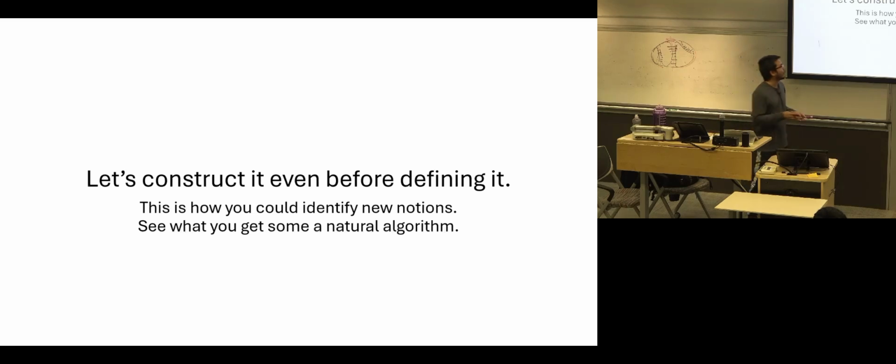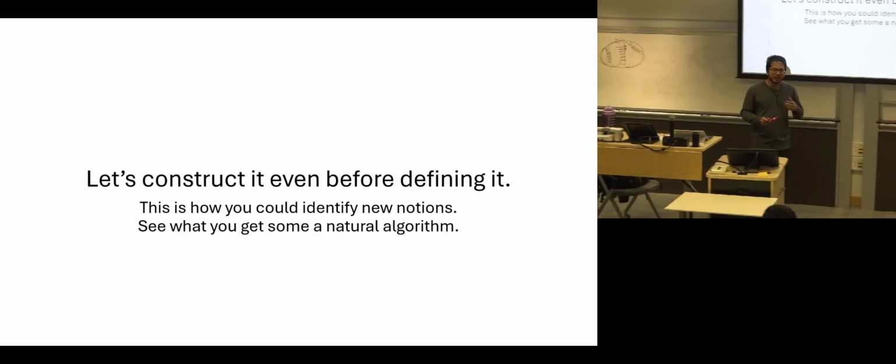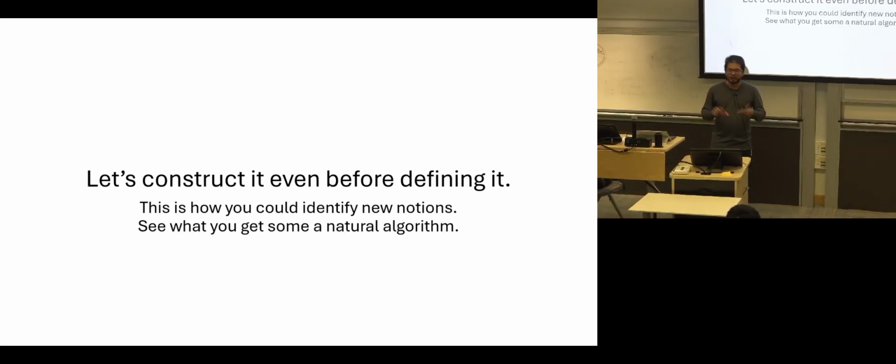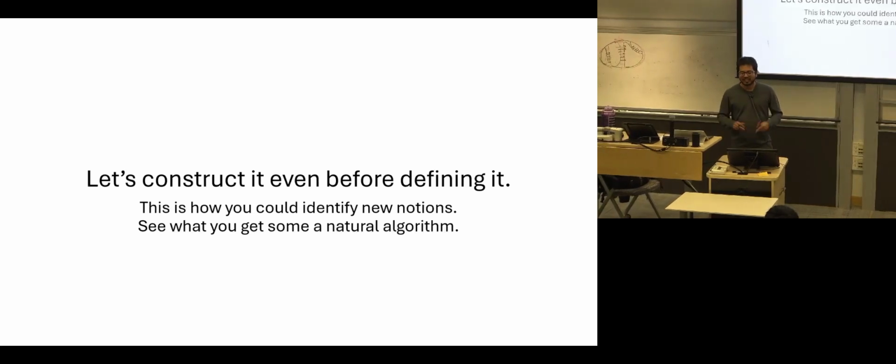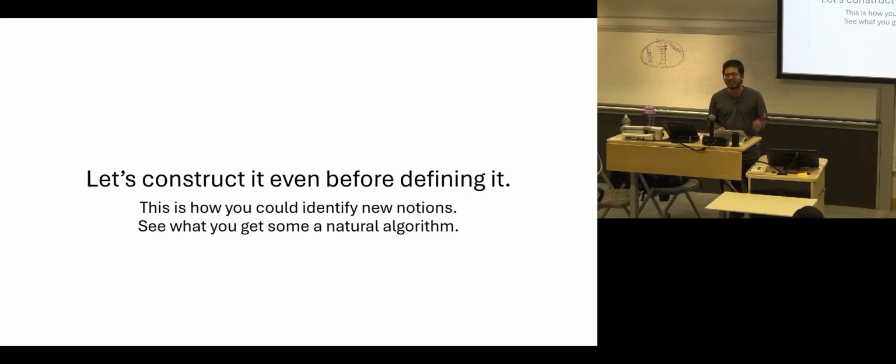Just see how to build something using a very natural algorithm, and whatever you get, then just write down its properties. That's the notion. Like I could just say that instead of defining what an expander decomposition is, I have a graph, I keep removing sparse cuts like this, then I see what happened. That's the expander decomposition. Okay. And here, how should we define what the SC hierarchy is?